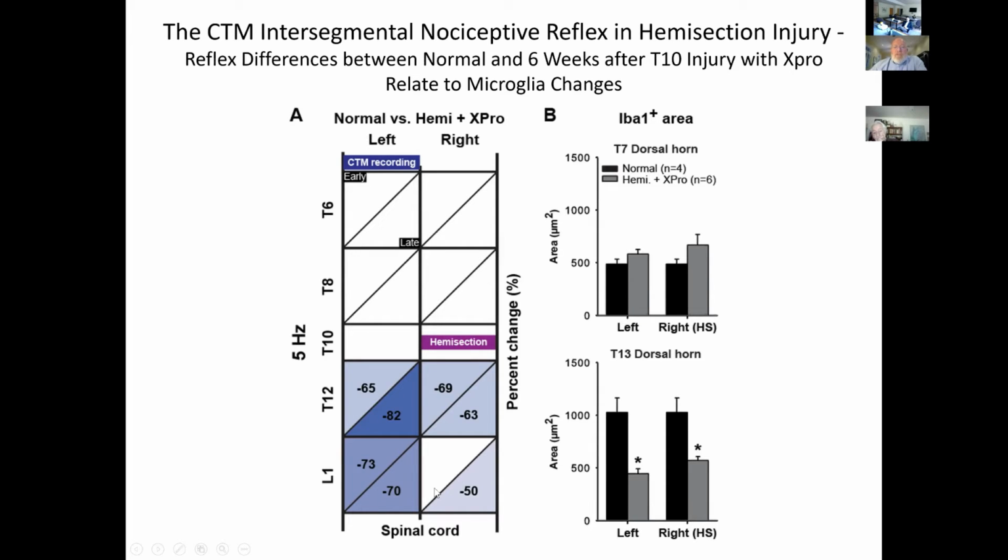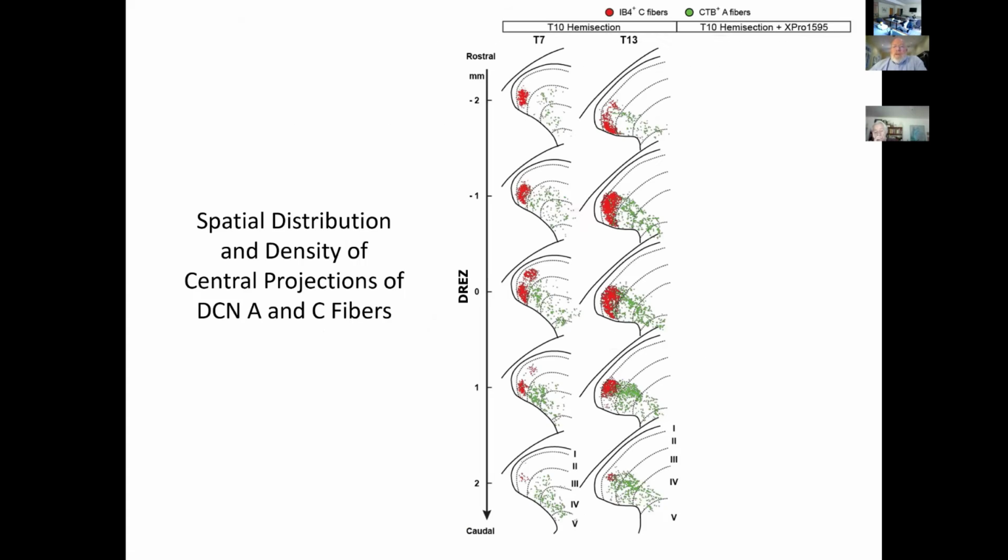Interestingly, below the level of injury, the treatment caused a reduction in microglia below the level of baseline of uninjured. And in fact, that generated an even lower reflex, sort of a hyporeflexia below the level of injury. So again, sort of evidence that the change in the microglia does have an impact on the change in the reflex. So then of course we asked, well, what's going on with the anatomy?